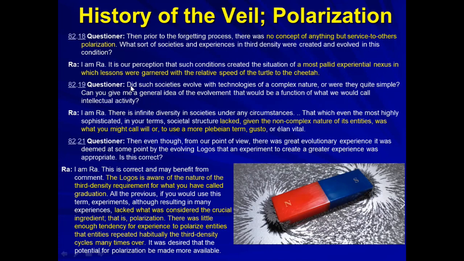He asks, did such societies evolve with technologies of a complex nature, or were they quite simple? Can you give me a general idea of the evolution that would be a function of what we would call intellectual activity? Ra says there is infinite diversity in societies under that 60%. So in other words, there was any number of ways they evolved from simple to quite technological.